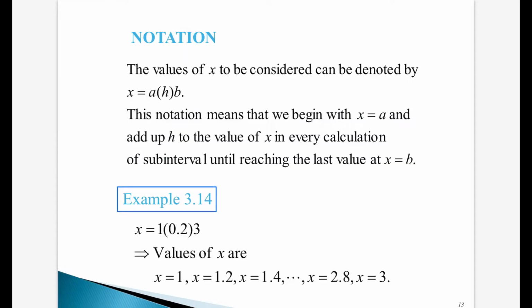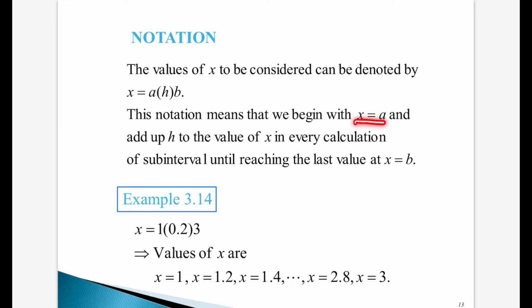The values of x to be considered can be denoted by x equal to a, step h, up to b. This notation means that we begin with x equal to a and add h to the value of x in every calculation of subinterval until reaching the last value at x equal to b.